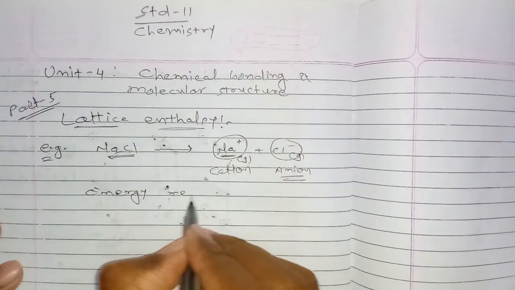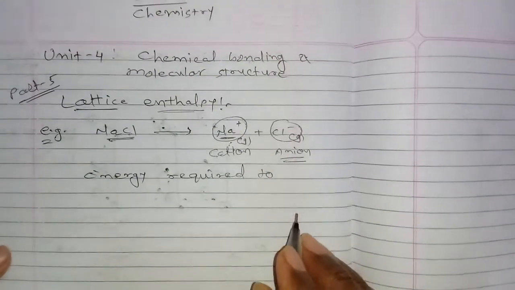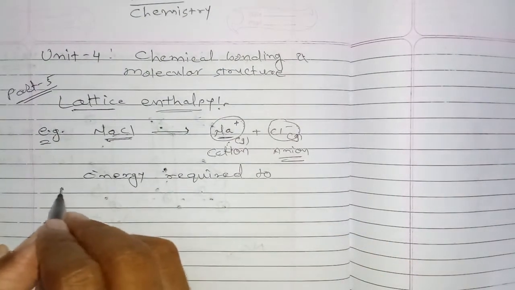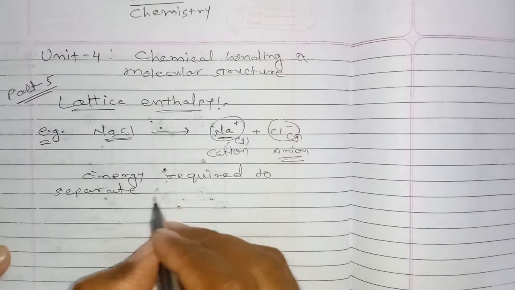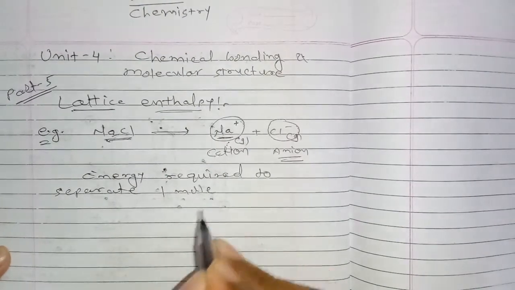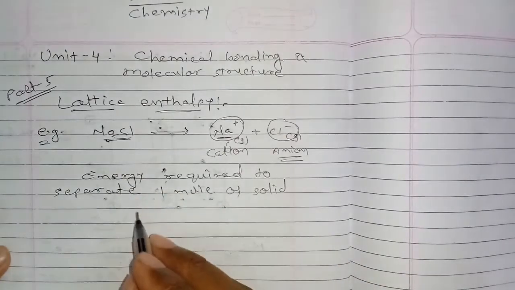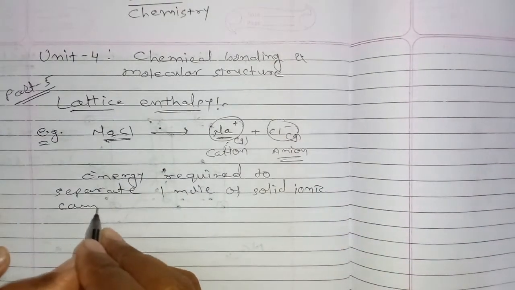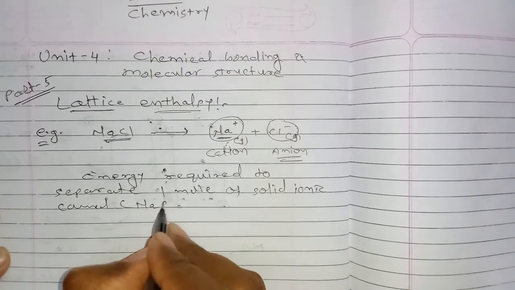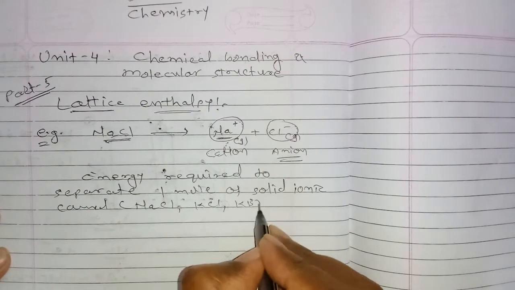Energy is required to completely separate 1 mole of solid ionic compound like sodium chloride, potassium chloride, potassium bromide.